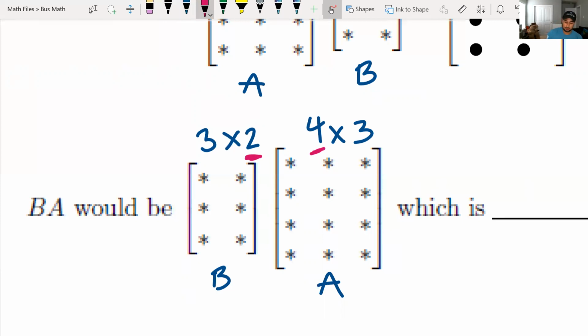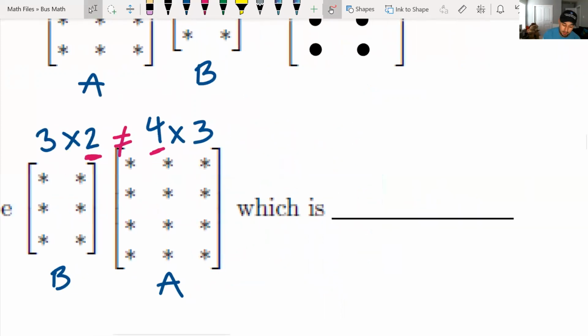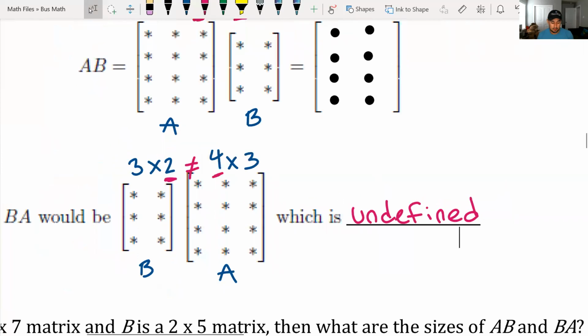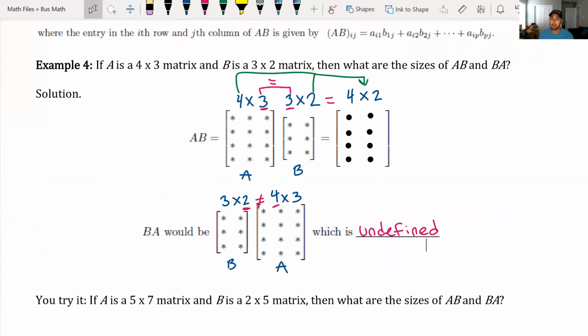Not at all. Those are not equal, which means we cannot multiply these matrices, which makes them undefined. It's as simple as that. Check your dimensions, and if you can't, you can't. We move on.